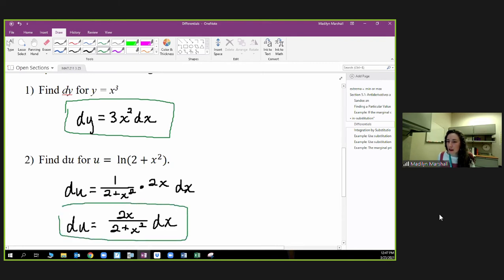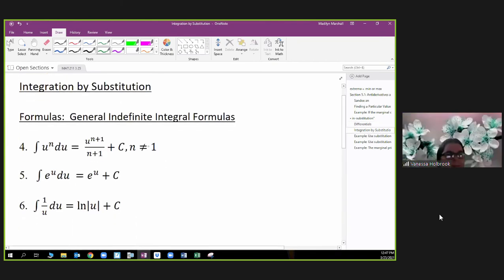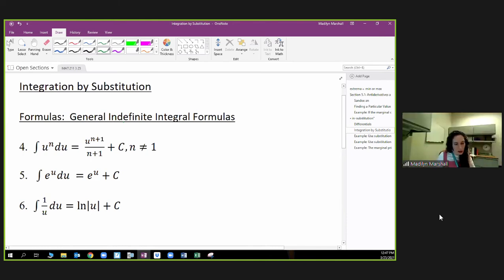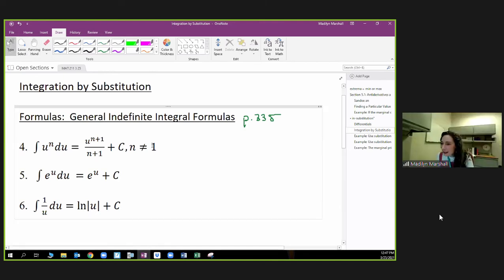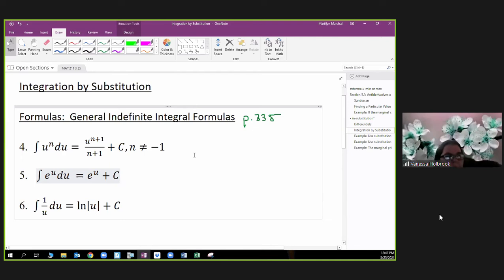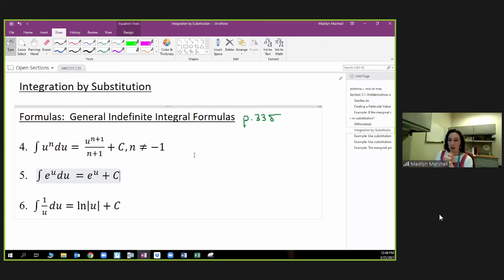Okay, so let's use these little differentials. On page 335, there's another one. These three rules are exactly the same as the rules we had before.